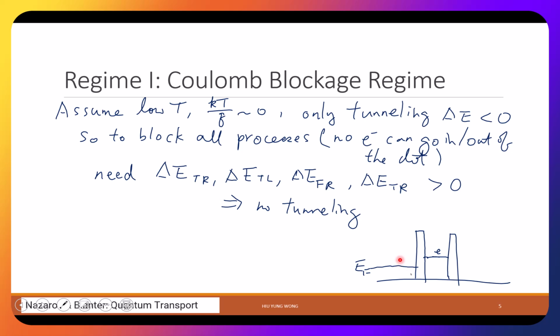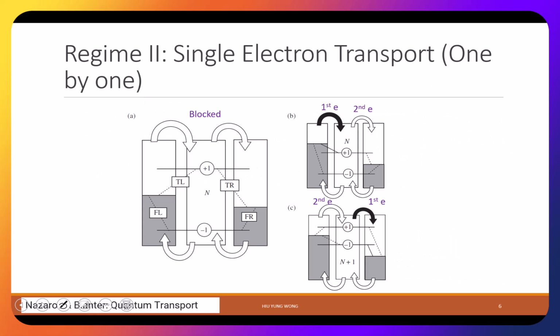So I won't be able to tunnel into there. That is what it is saying here. So if I want to go in, no, I cannot, because my destination has a higher energy than me. Make sense? That is Coulomb blockade, right? That's fine. When I block it, that is fine.